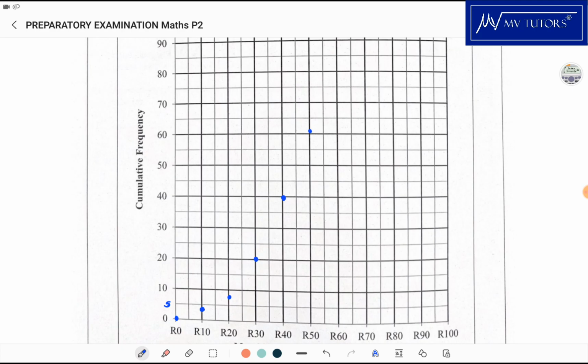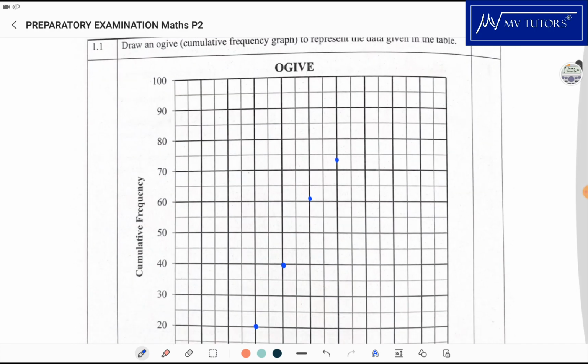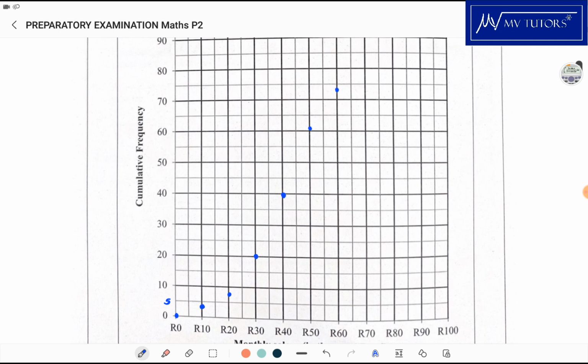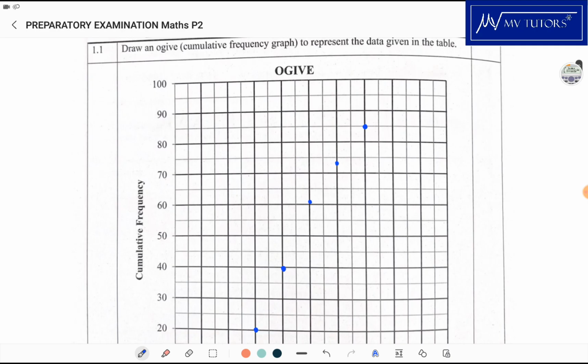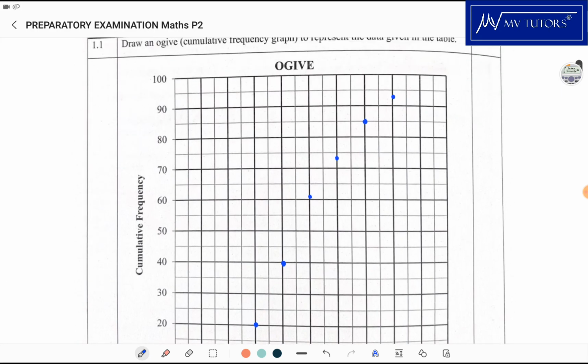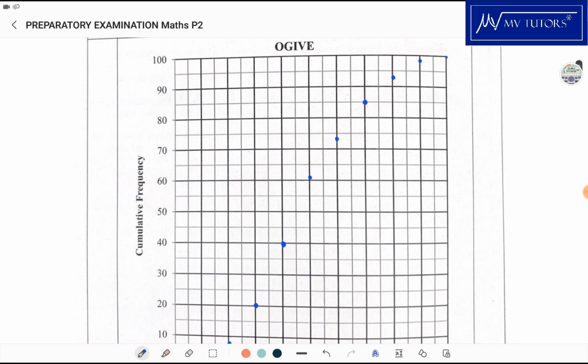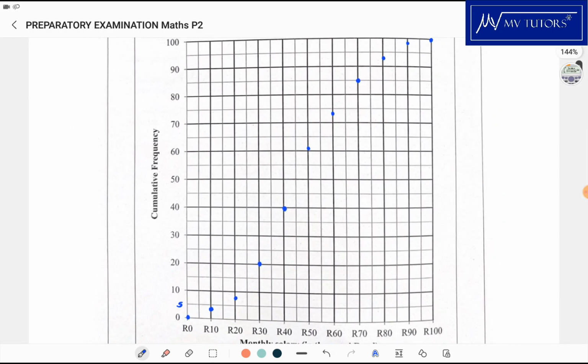Then 85, 93, we're almost there, and then 98 and 100. There we go. So it's sort of like a perfect one there. Now let's try to sketch this ogive.